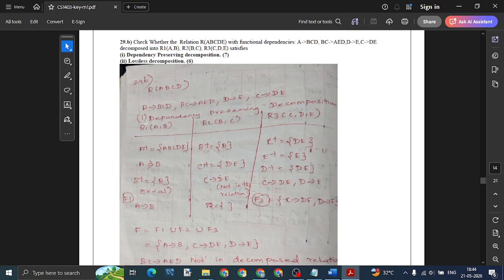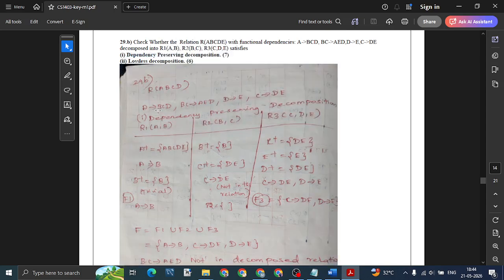For that, these are all the dependencies, and if you make the decomposition like R1(A, B), R2(B, C) and R3(C, D, E), and after decomposing, you are able to preserve these functional dependencies again, then that is considered as a dependency preserving decomposition. That is the meaning of this.